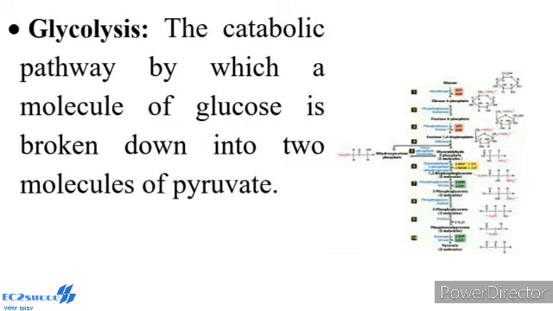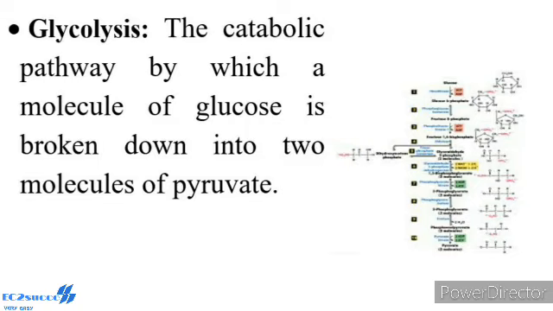It occurs in the cytosol and results in the breakdown of glucose or a similar hexose sugar into two molecules of the 3-carbon compound pyruvic acid, releasing some energy as ATP, and reducing power as NADH2. In plants, glucose is derived from sucrose, which is the end product of photosynthetic carbon reaction, or from storage carbohydrate.